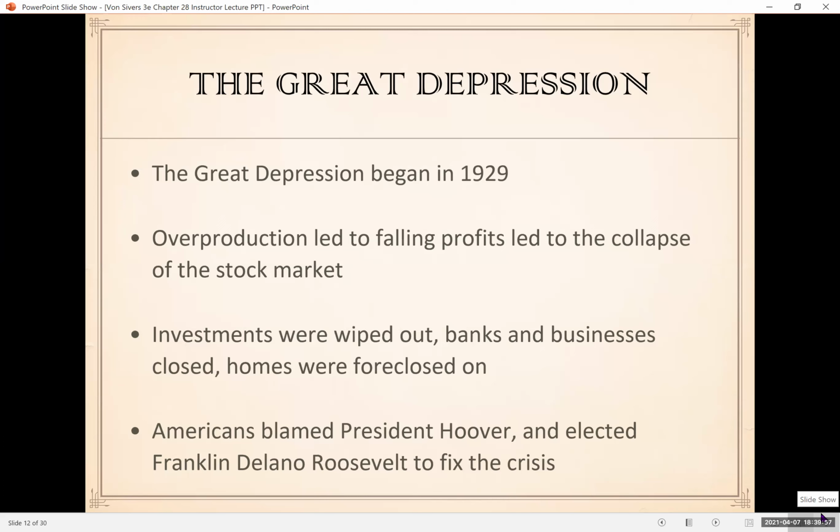They called it the Alphabet Administration, NRA, CCC, WPA. There was money invested into arts and theater. Some of the most important theater in America came out of this era. And it was all paid for by the government.